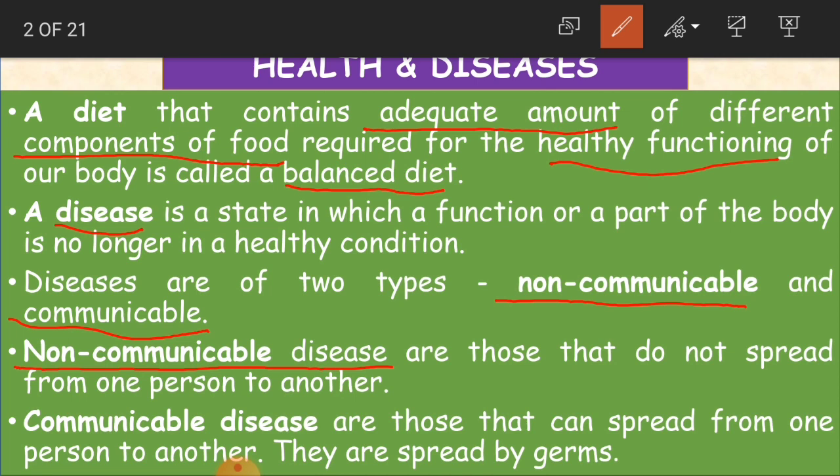So it is not going to transfer from one person to another person. Okay children, so that is a non-communicable disease.